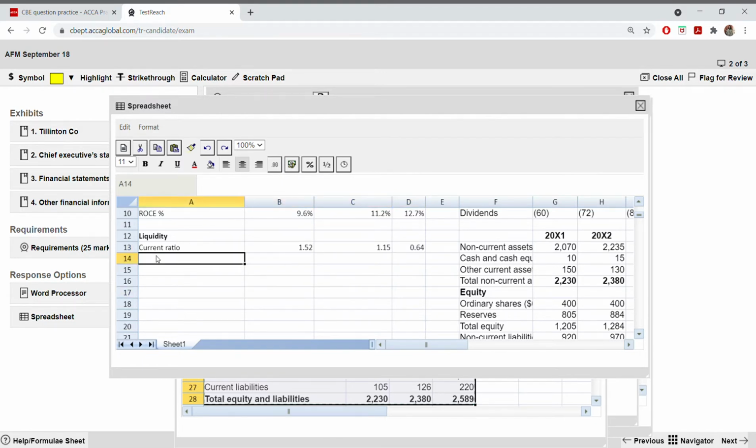Next we are going to the solvency ratio. In solvency we have what? Gearing and interest cover. So first let us take the interest cover, since it's something that's easy.